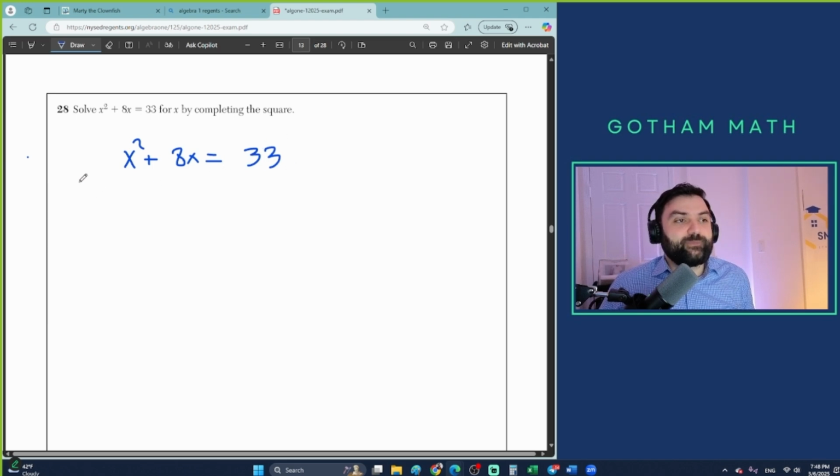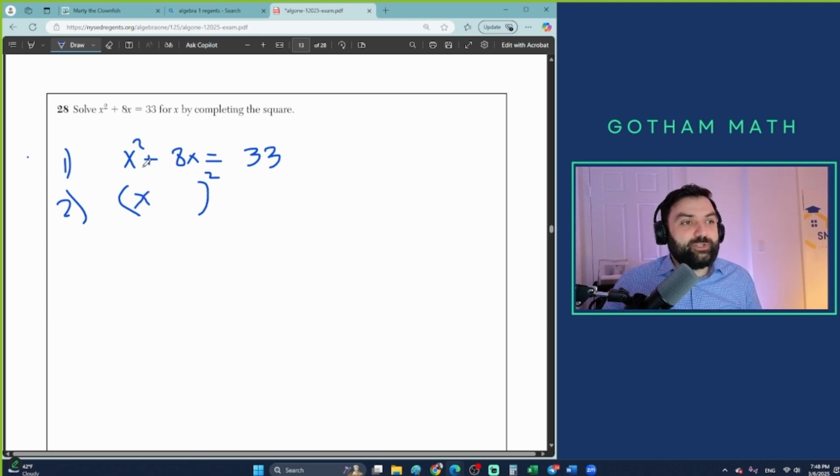Step 2, and here I have a shortcut for you guys: create parentheses squared, and inside the parentheses put x, and always put plus half of the b value.